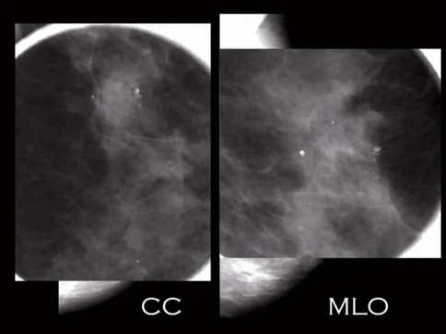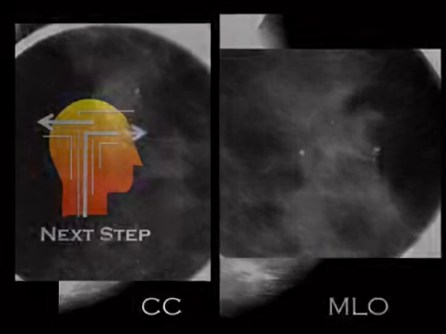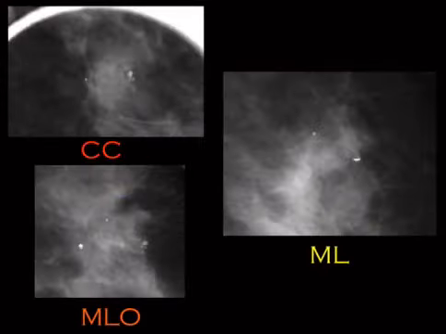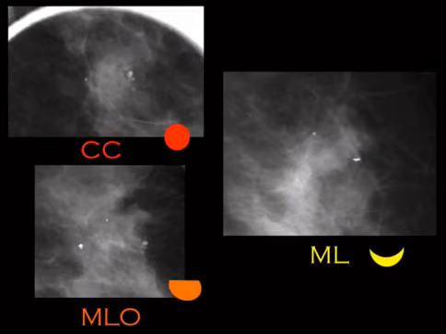So this change in the morphology of a calcification between these two views is suggestive of milk of calcium. Now, to prove it, I'd love to see an ML view. When you get an ML view, you're going to get that classic teacupping appearance where it really flattens out.